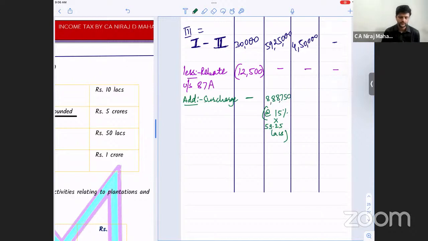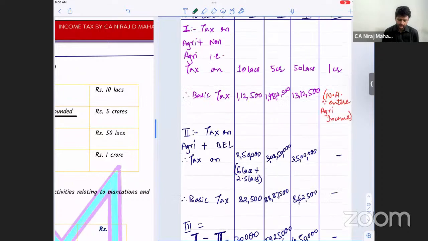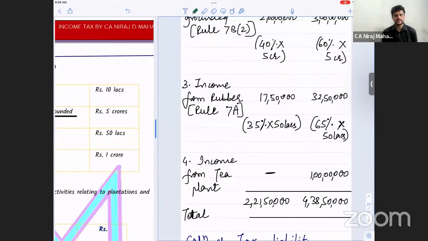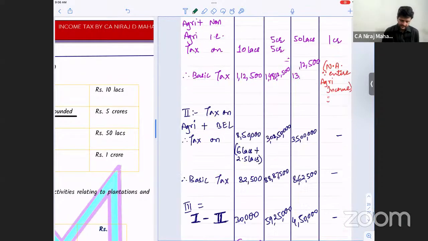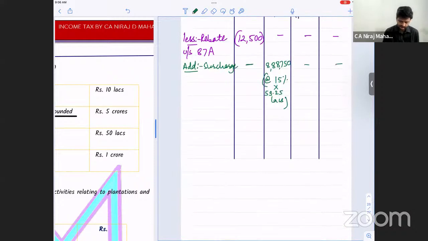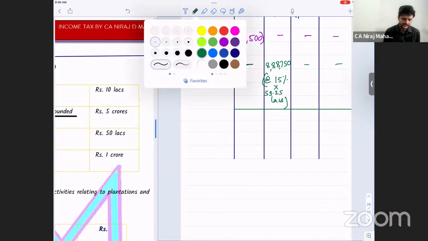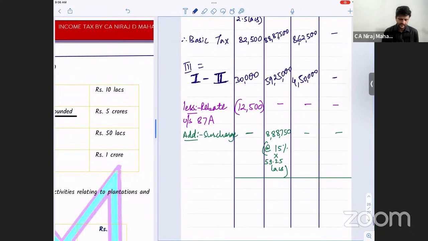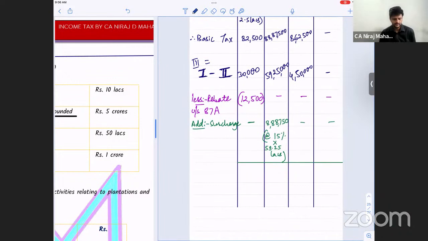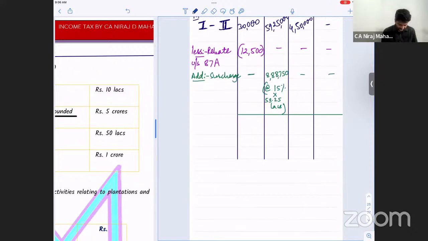Okay. Good. Case 3, bacho, my NTI was 17,50,000. Neither surcharge, neither rebate. Case 4 is not there. Be careful. Wherever there is nothing, just take the figure down. Remaining, take the reduction or addition. 30 minus 12,500, 17,500. Yes, all of you? 17,500.